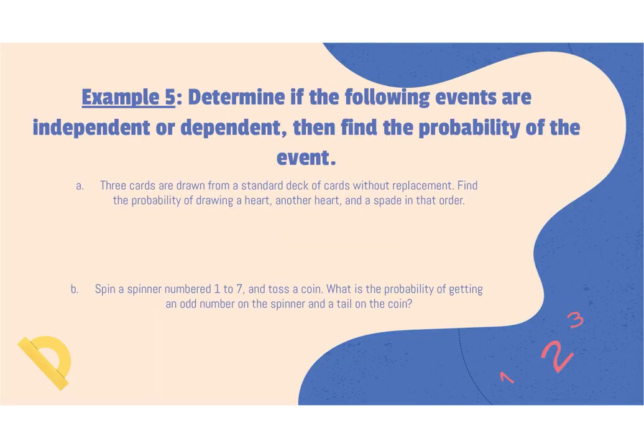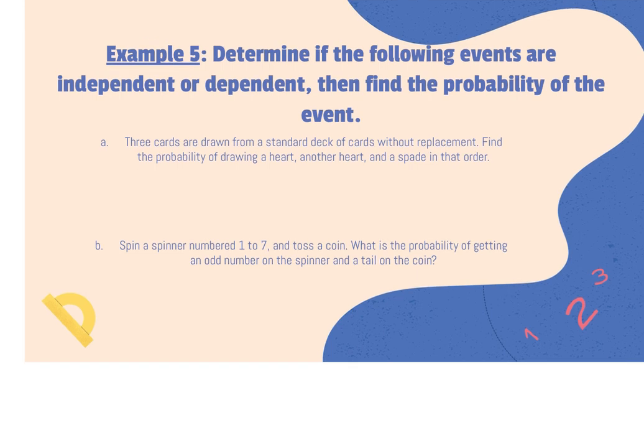Okay, so we start looking at some of these examples, finding the probability. 3 cards are drawn from a standard deck of cards without replacement, so it's going to be dependent. Find the probability of drawing a heart, and a spade in that order. So you got 13 hearts out of 52. You got 12 left out of 51 cards.